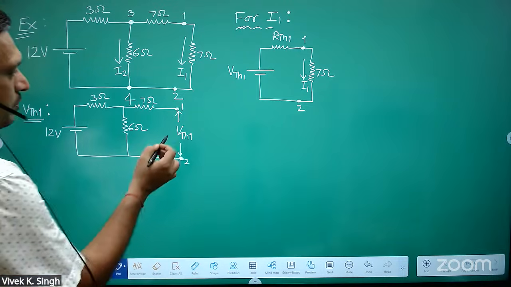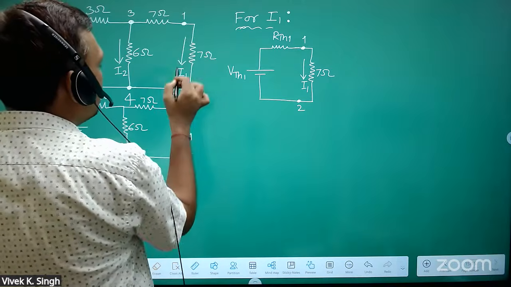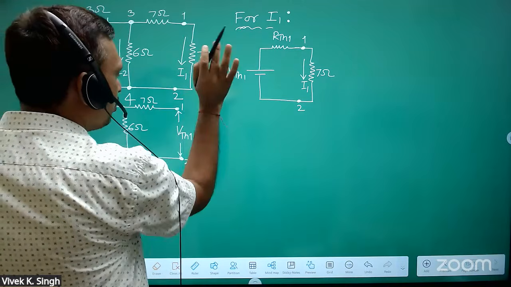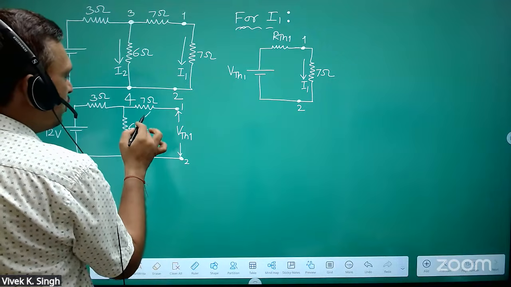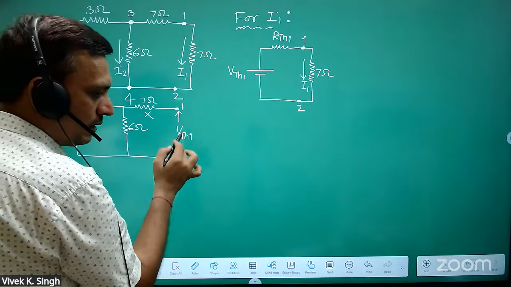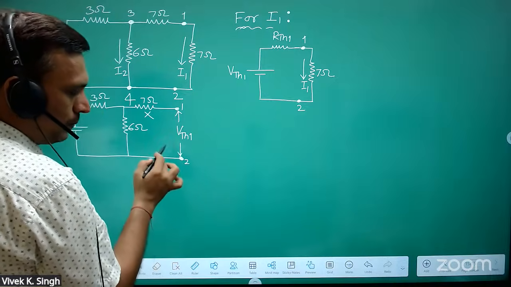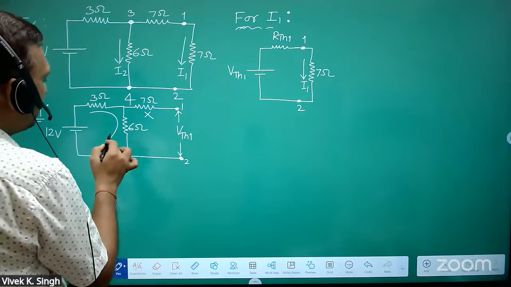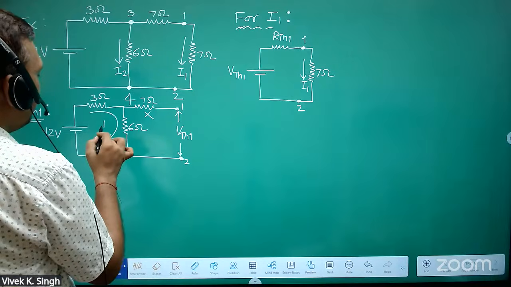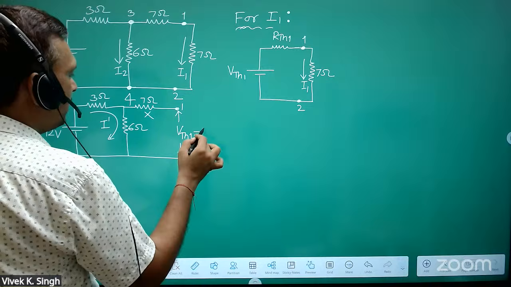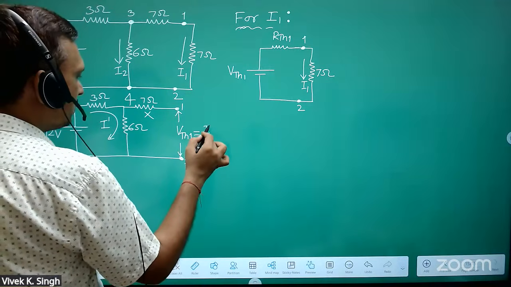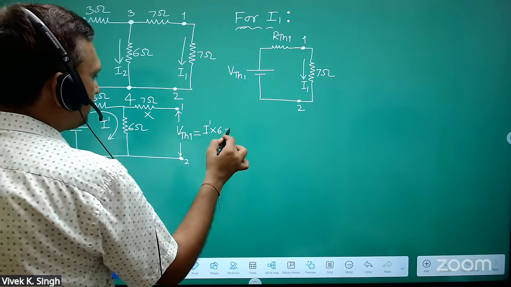Open circuit voltage means these are the two terminals. So remove the load and measure this voltage. So there will be no current in the 7 ohm. Open circuit means infinite resistance, so no current will flow. So current will flow in this loop only. Let's say this current is I dash. So VTH1 will be I dash into 6 ohm.